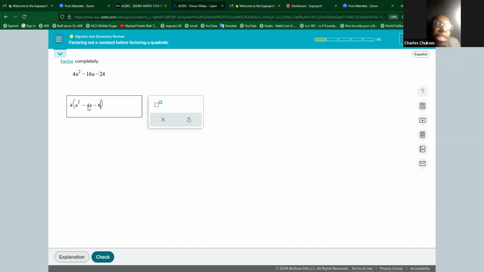For -6, two numbers that come to my mind are 2 and 3, but those two don't work. So 1 and 6. I don't know how that would work though.